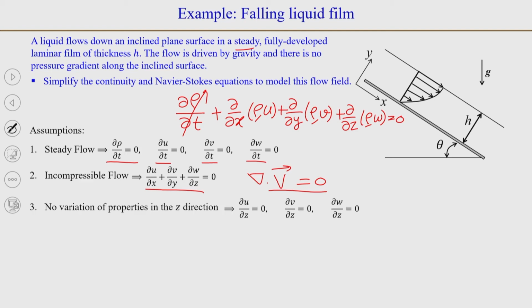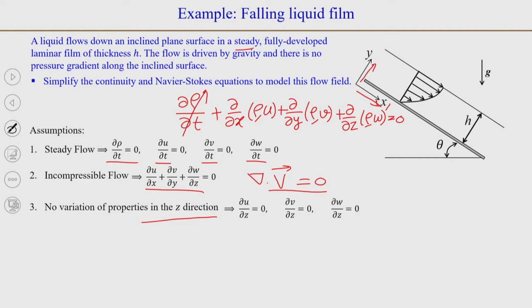The next assumption is that there is no variation in fluid properties in the direction normal to the screen. So, the flow happens along this plate, and we can assume that the coordinate along the plate is x and the coordinate normal to it is y, and the coordinate which is normal to this screen is z.